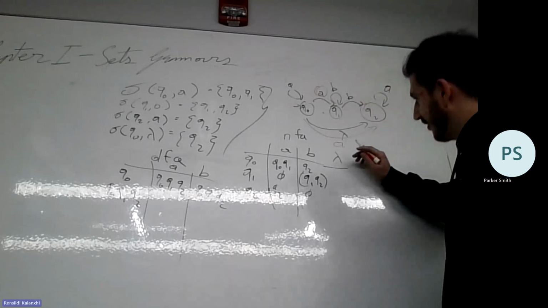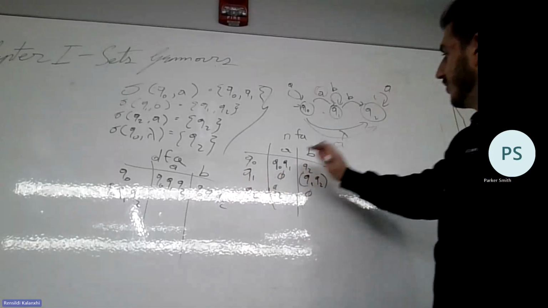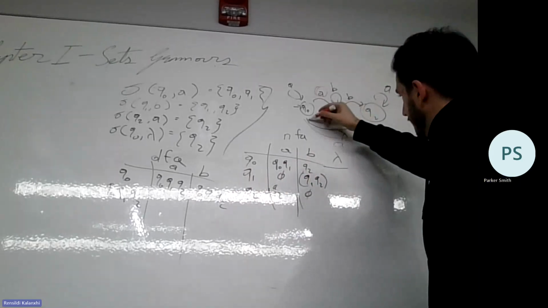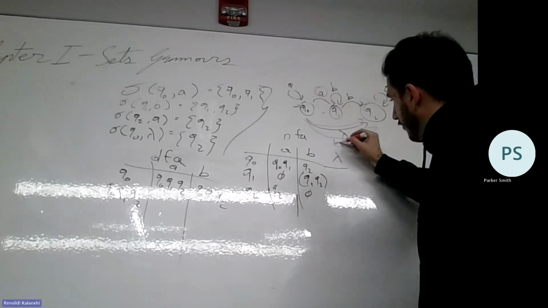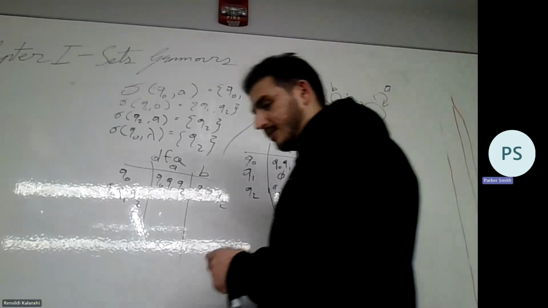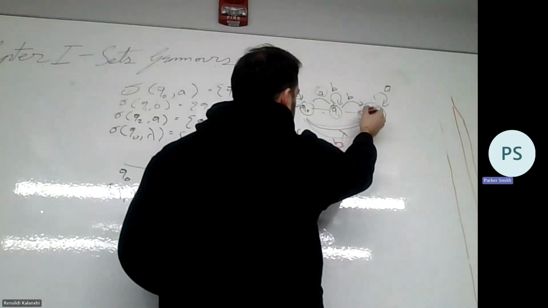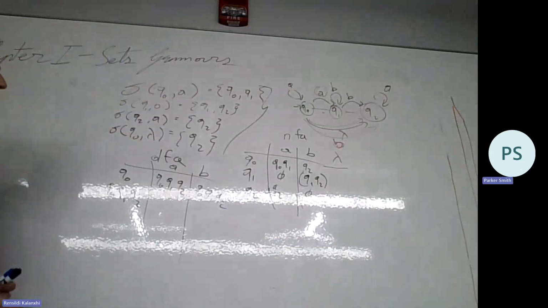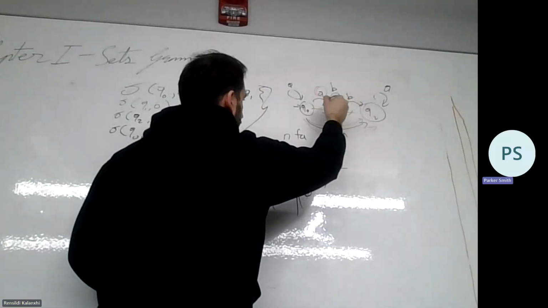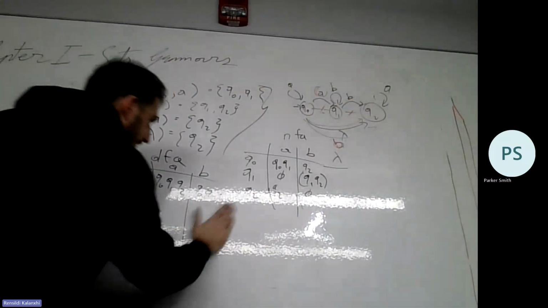I'm understanding why this is just Q2, because with this lambda transition it can turn to either B or A. But you can't get to Q1 with a B and you can't get to Q0 with a B. So you cannot do this. Okay, makes sense.